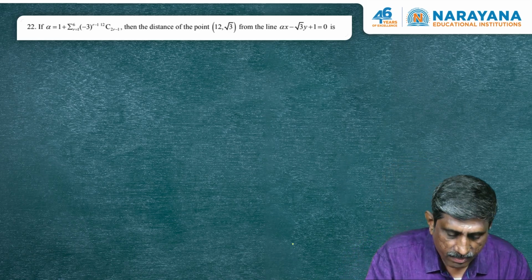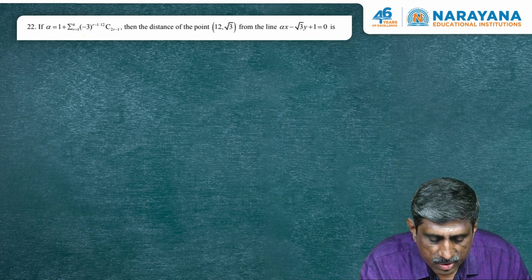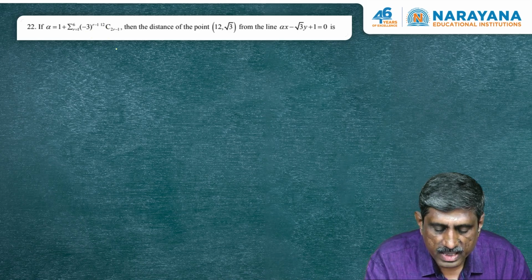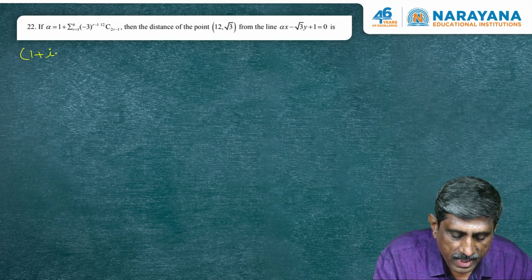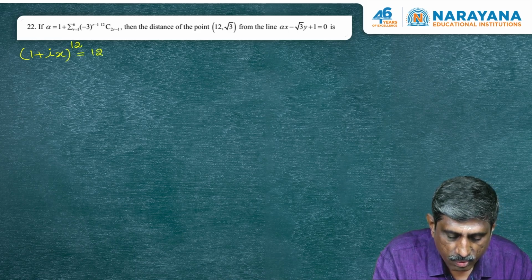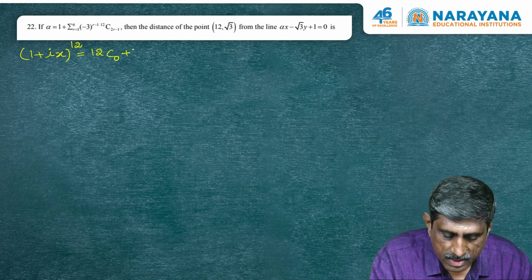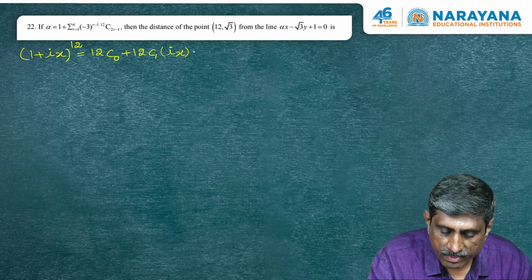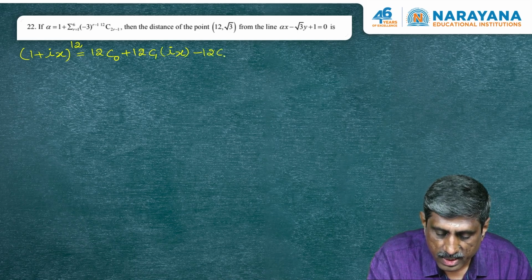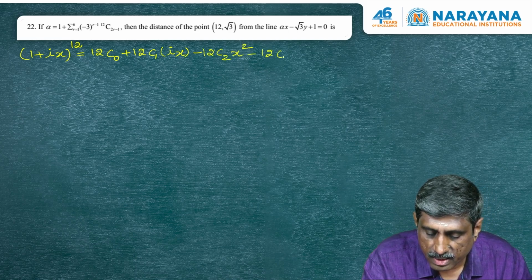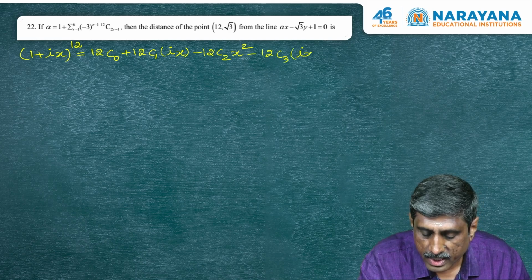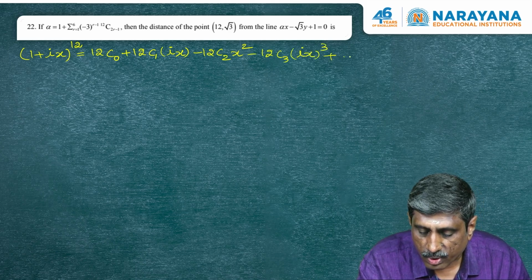So, I will do one thing. Because the values are not equal and we have alternating plus and minus signs, I will write the expression 1 plus ix whole to the power of 12, which is 12c naught plus 12c1 into ix minus 12c2 into x square minus 12c3 into ix the whole cube and so on.